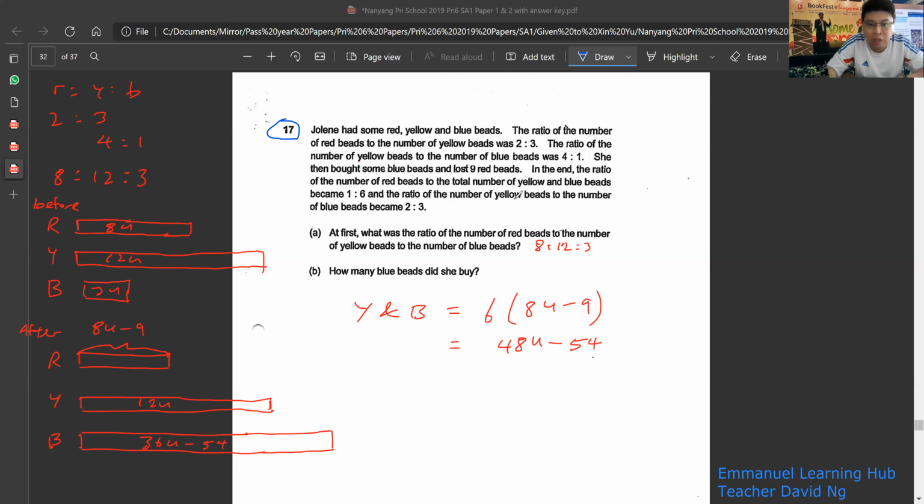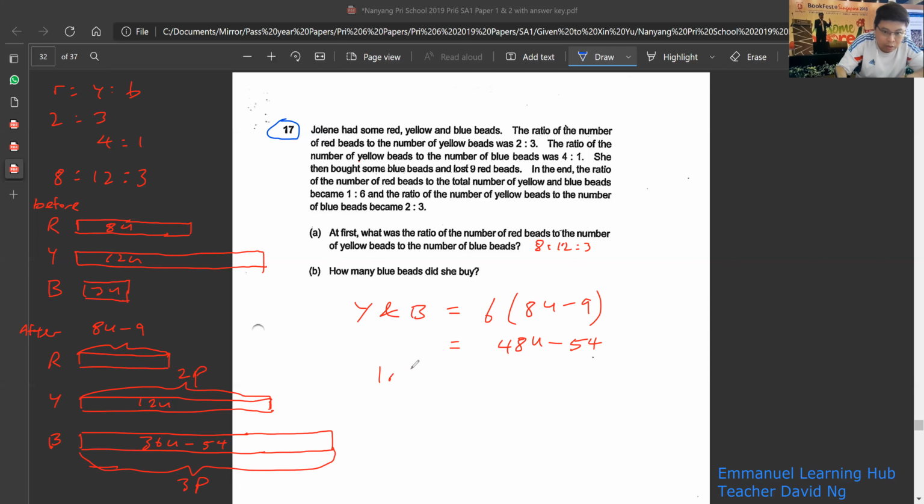Ratio of yellow to blue is 2:3. This is 2 parts, this is 3 parts. So one part is 6 units.